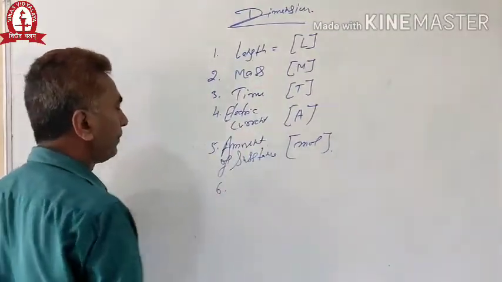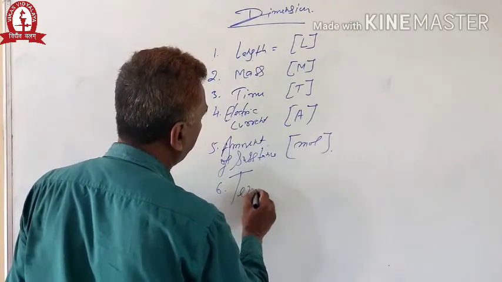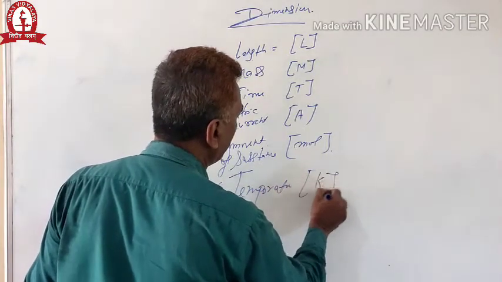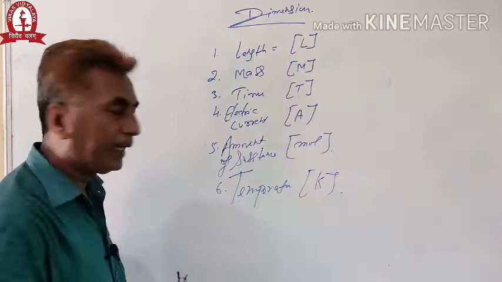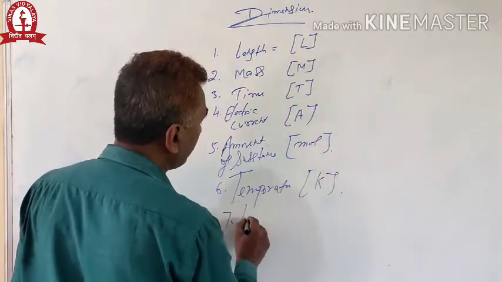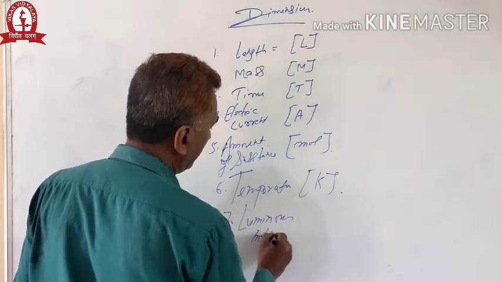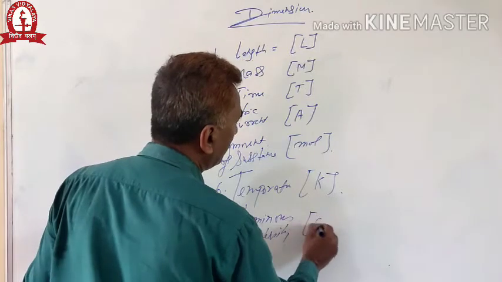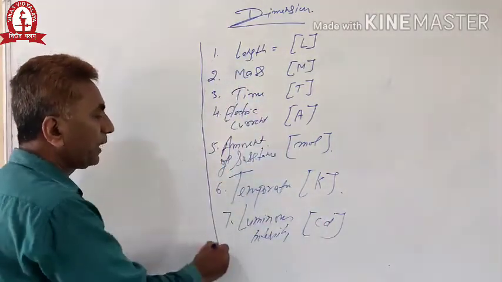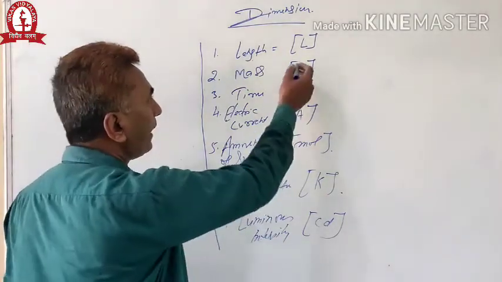Now the sixth is temperature. Temperature is indicated by K, that is K stands for Kelvin. And the last, seventh, is luminous intensity, CD, right? These are the 7 basic fundamental quantities, and the dimensions are represented by square brackets.